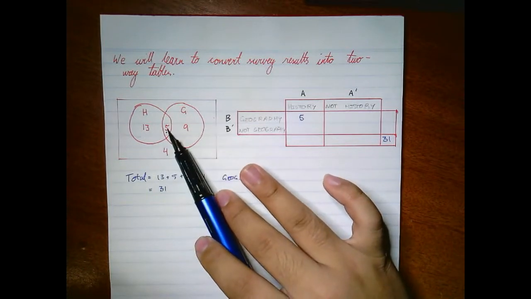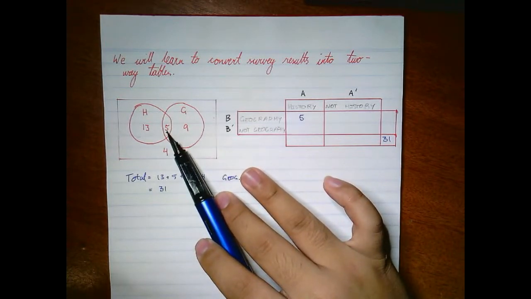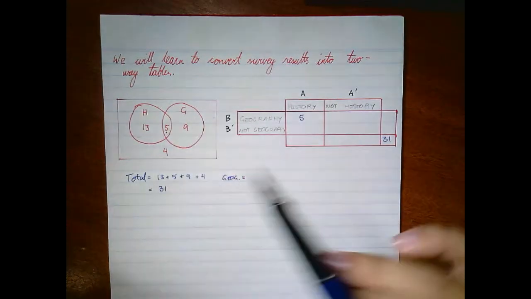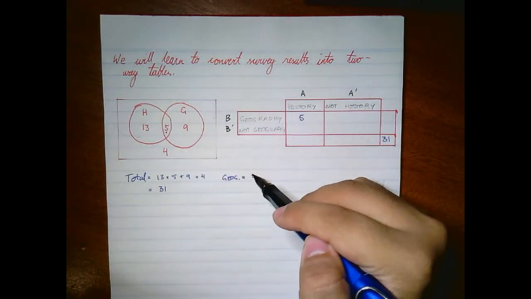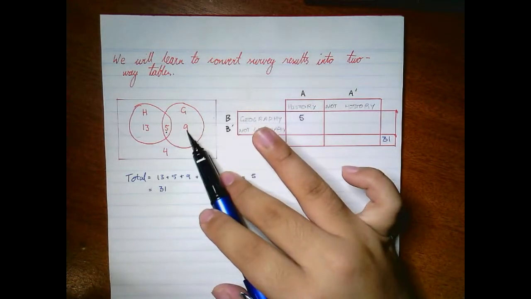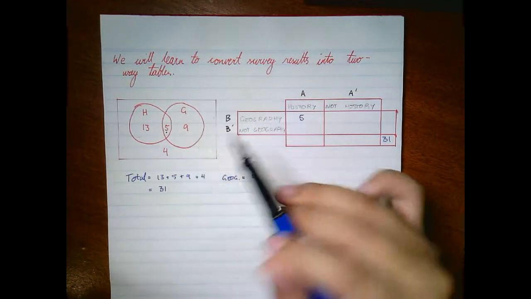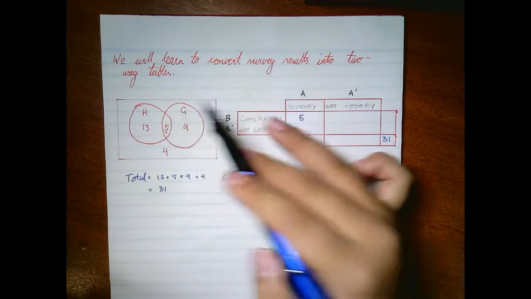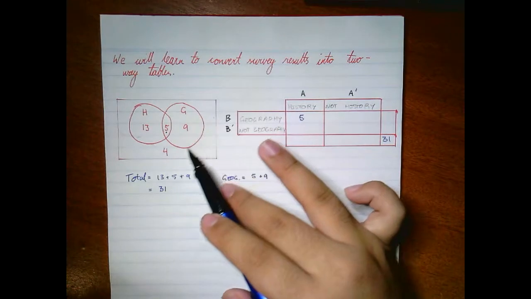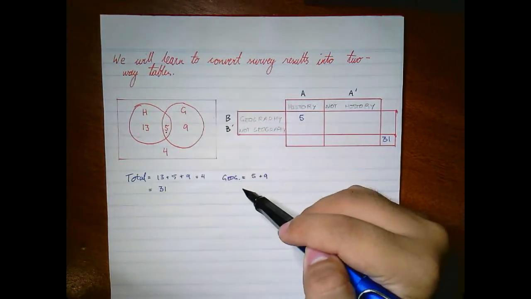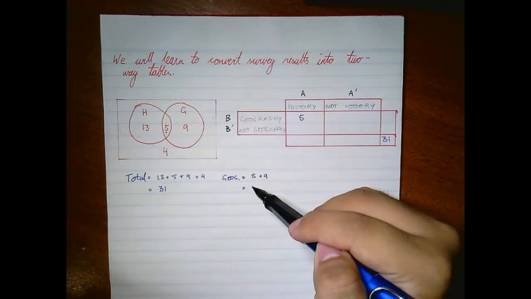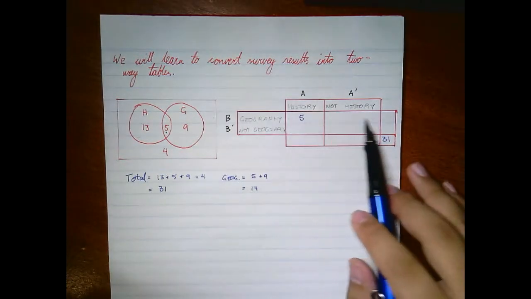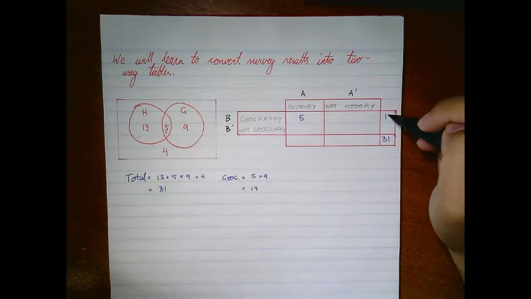Did these 5 study geography? They studied history and geography, so that's a yes. Did these 9 people study geography? Yes, they did, because they belong in that circle of geography. So 5 plus 9 is 14. So we have geography here, that is 14.